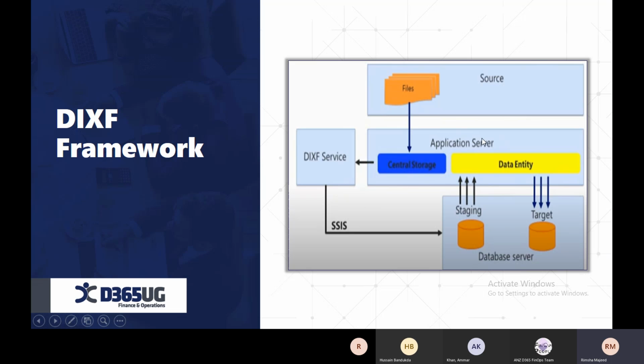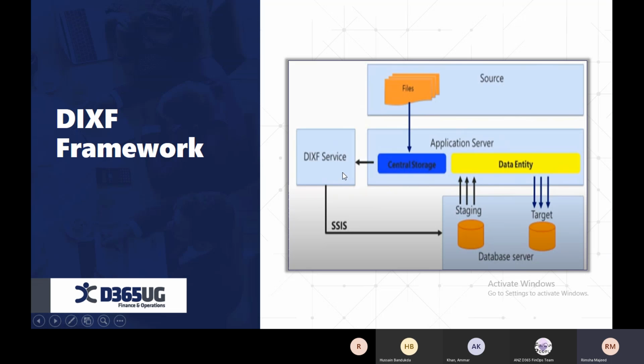Whenever we perform the data import and export framework, it always first gets a file. These files are stored in the central storage area in the application server, and from there it travels to the DIXF service, which is a Windows service, which means it must be runnable in our Windows services.